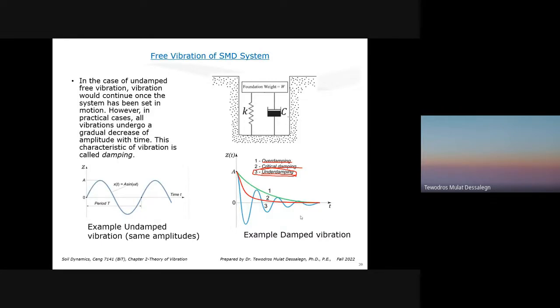But in soil, damping is about 10, 15, 20%, depending on the density and the type of soil.